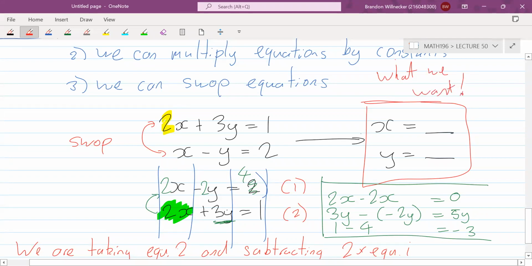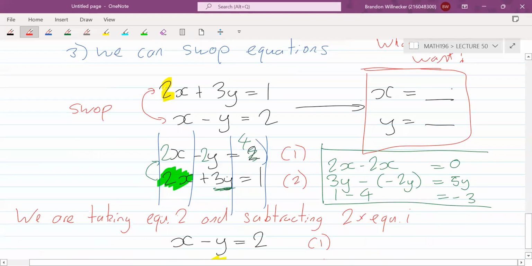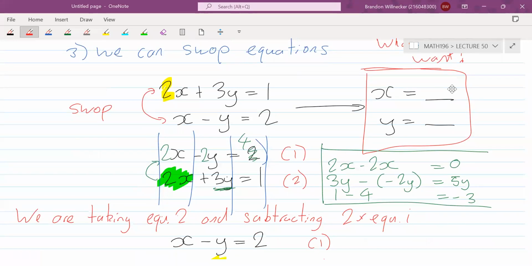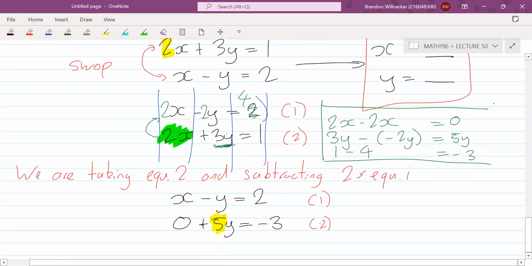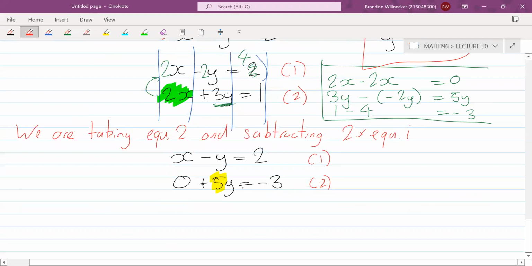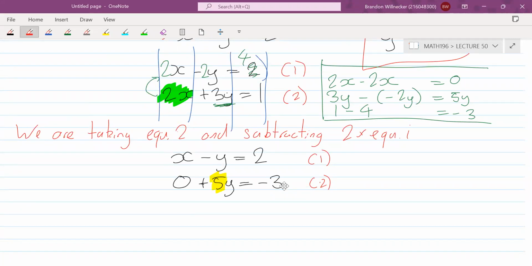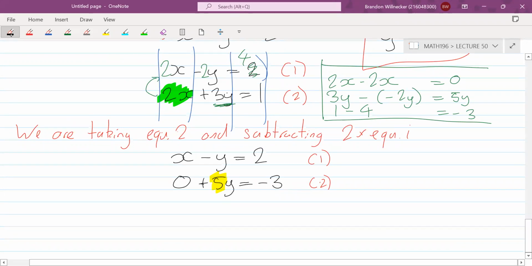What we want the first equation to be x equals the answer for x, and we want the second equation to be y equals and then the answer for y. Currently, we have 5y equals minus 3. What we want is y equals something. So let's do that. Let's divide equation 2 by 5.